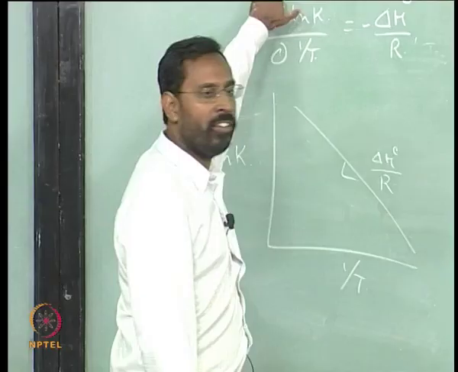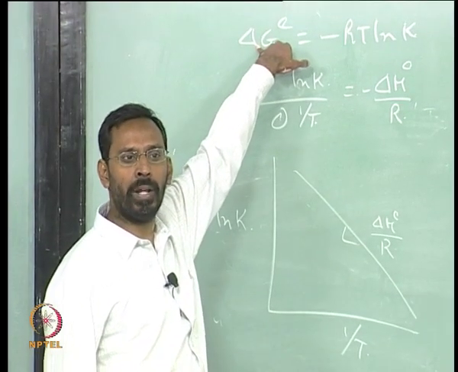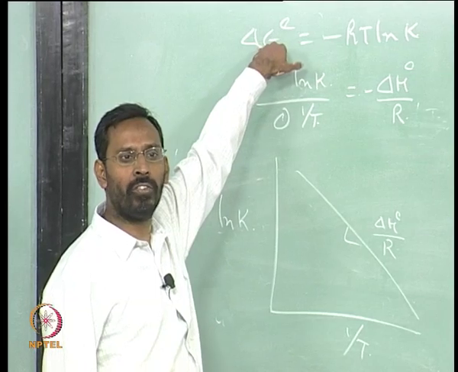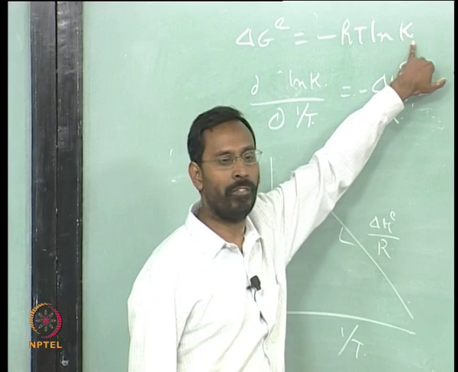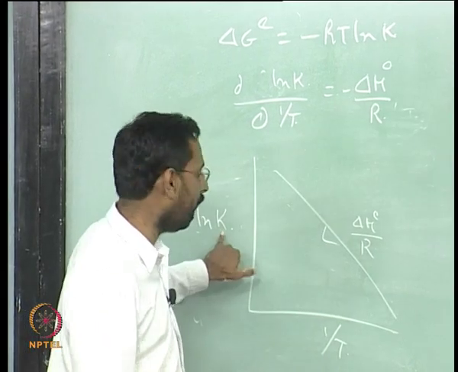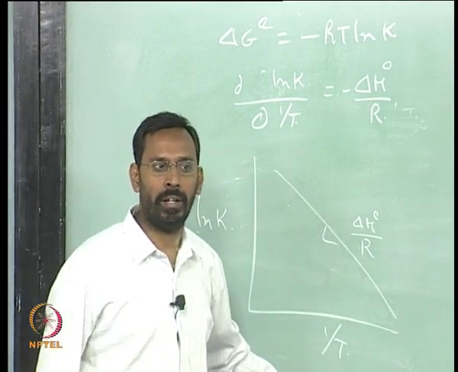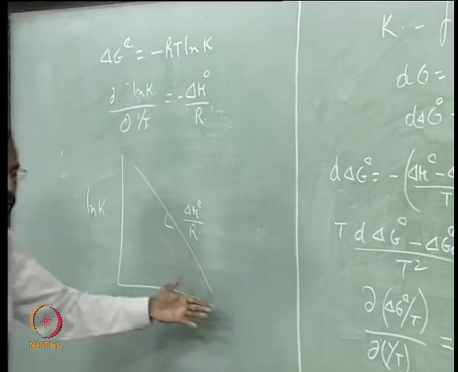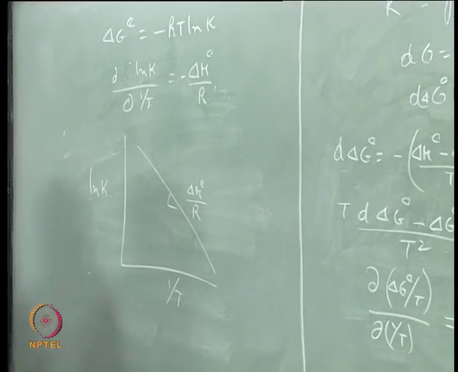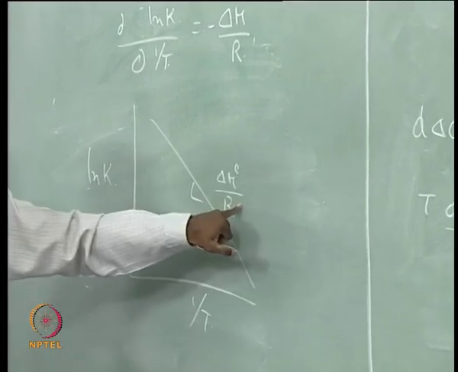Basically I find out delta G naught at various temperatures, and once I know the delta G naught, from that I can find out the K and plot that K with 1 by T. So if you have 3 or 4 points, in principle you can plot a straight line, and as long as the data is reliable you will get a good straight line, because there is nothing wrong in the equation.